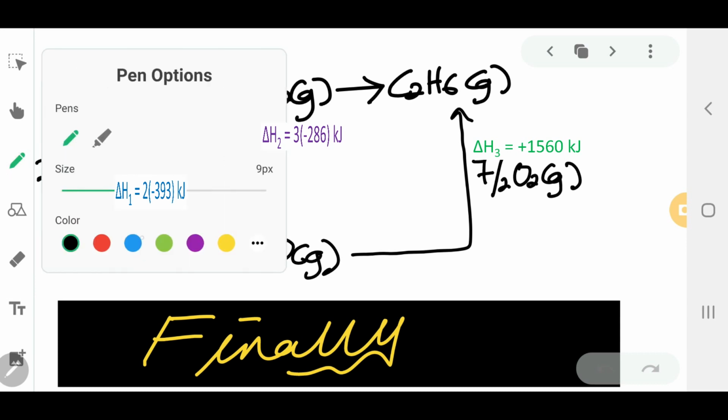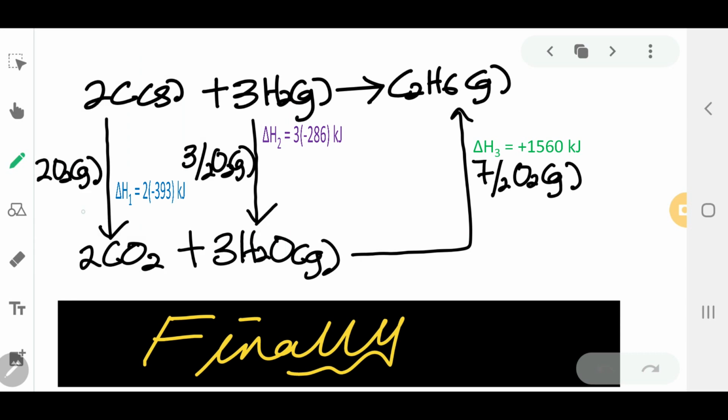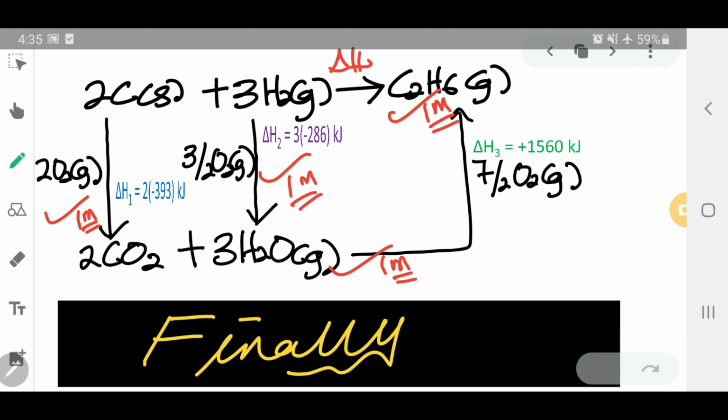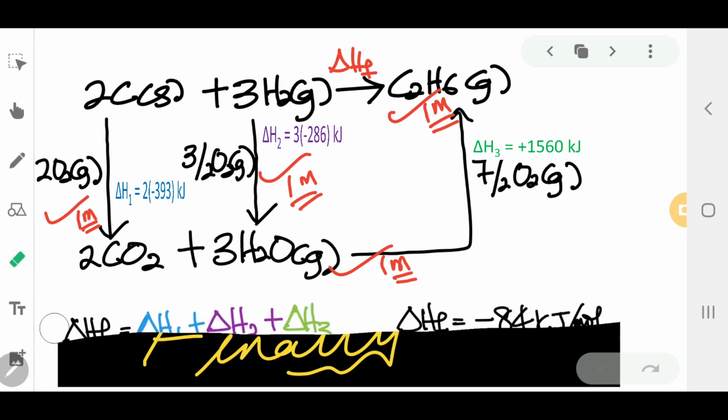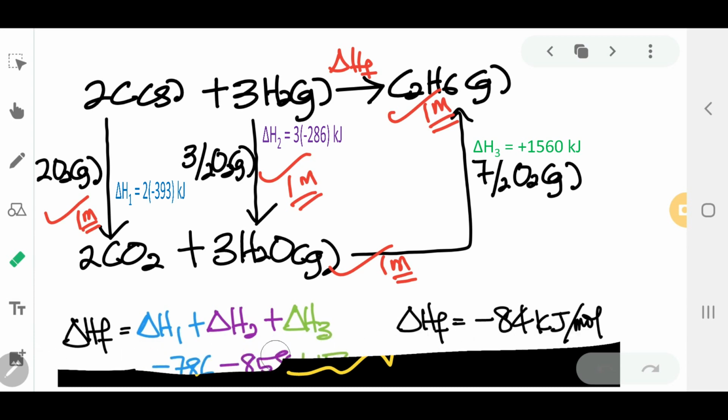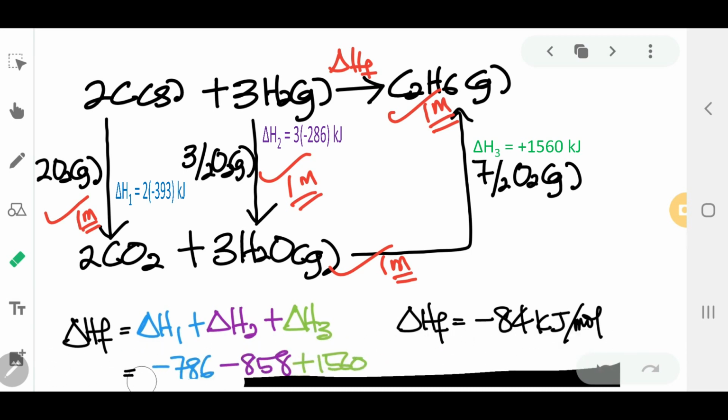So this is how you're going to construct the energy cycle method. When you construct this energy cycle method correctly, you'll get 1 mark for this, 1 mark for that bit, 1 mark for that bit, and 1 mark for here. On top there, you need to find that. And then finally, you're just going to be adding up all the values that you have to get the delta HF.